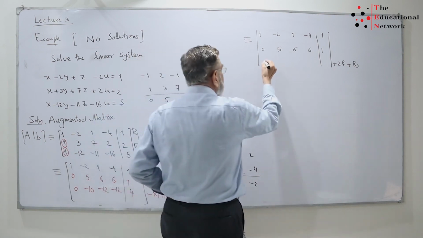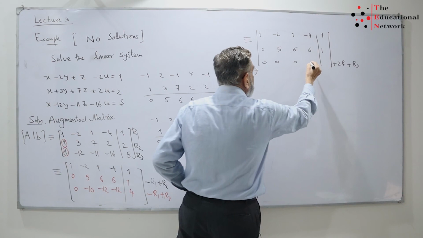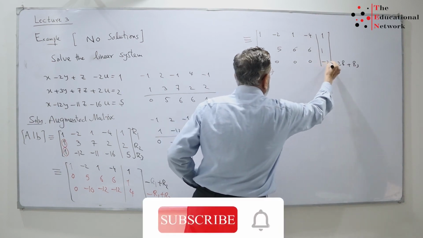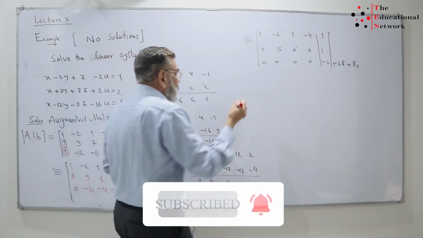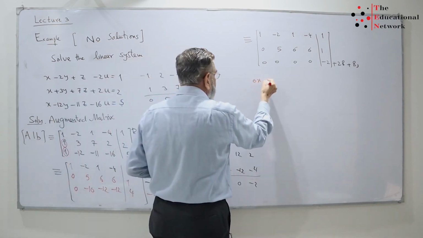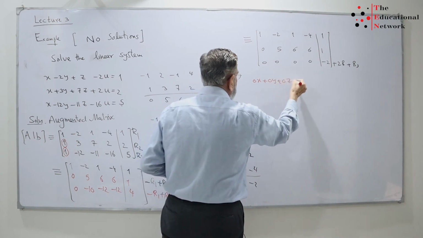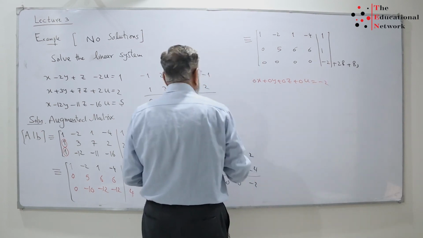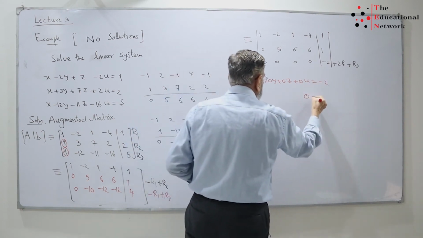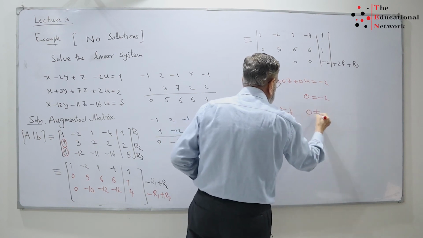So I write it here: 0, 0, 0, 0, and minus 2. We look at the last equation. It says 0x plus 0y plus 0z plus 0u is equal to minus 2. What we are saying is 0 is equal to minus 2, but 0 is not equal to minus 2.